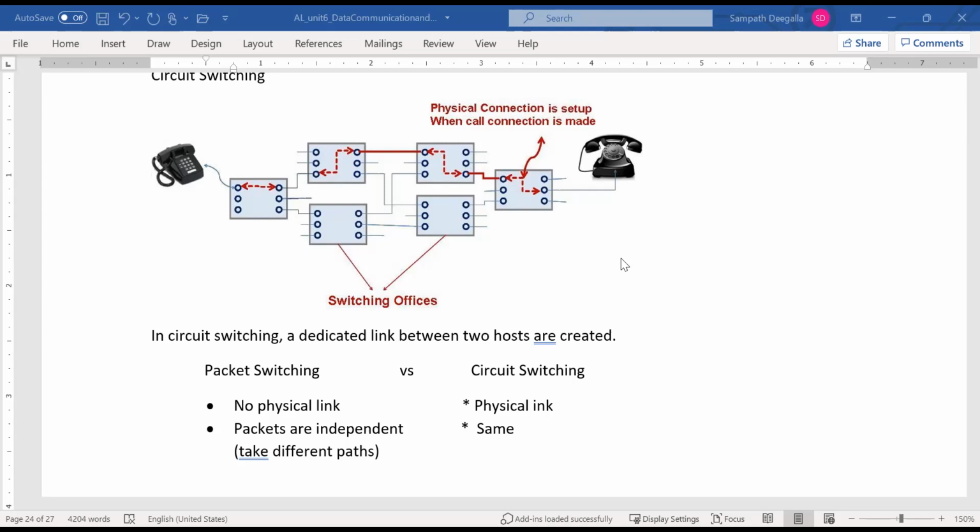When we want to display some information, we use the IP address, and we have to use the port number. You have to use both to communicate from one application to another application. So there are different port numbers.